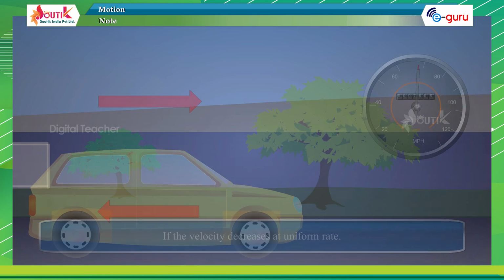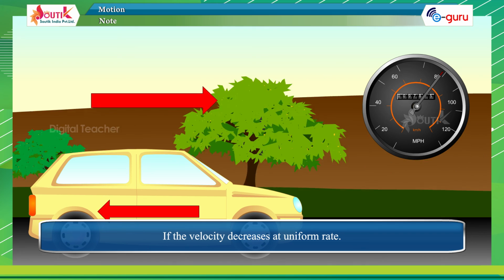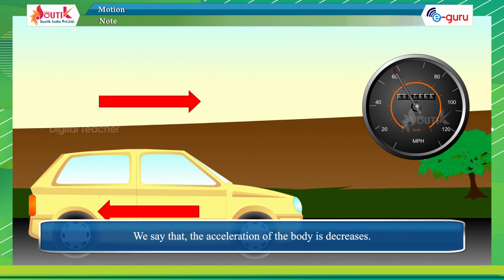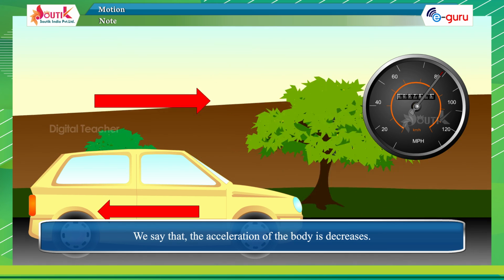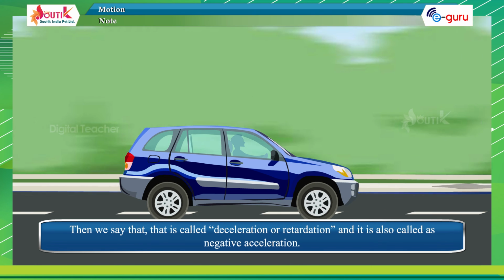Note: if the velocity decreases at a uniform rate, we say that the acceleration of the body is negative. That is called deceleration or retardation, and it is also called negative acceleration.